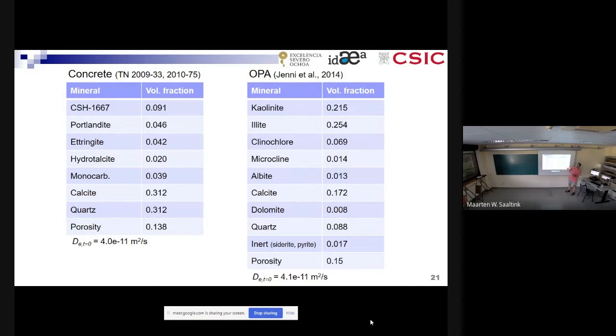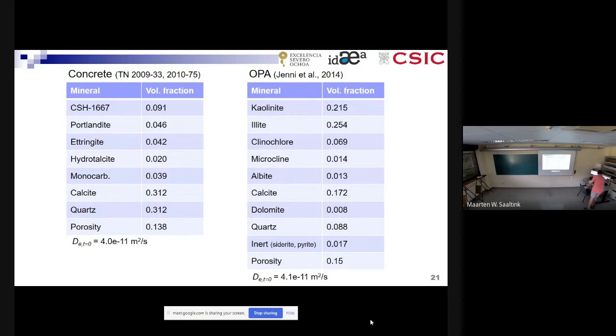So iron was not included in the system for some reason. But the volume that these phases take is taken into account, but iron is not. Again, porosity adds up to 15%, which is the same as in the transport, and diffusion coefficient 4.1 to the minus.